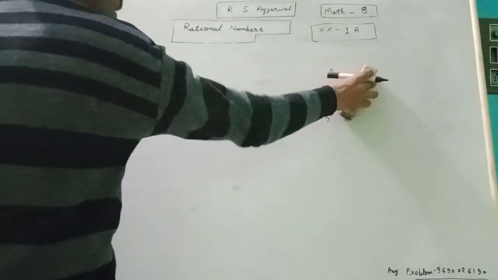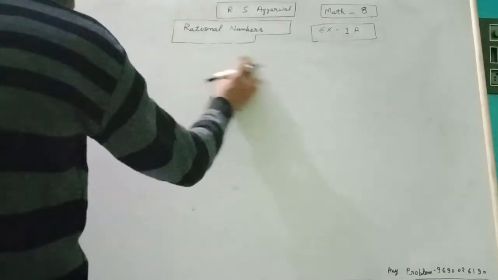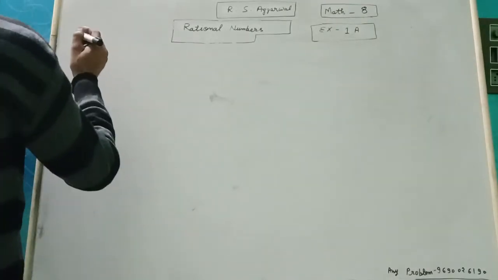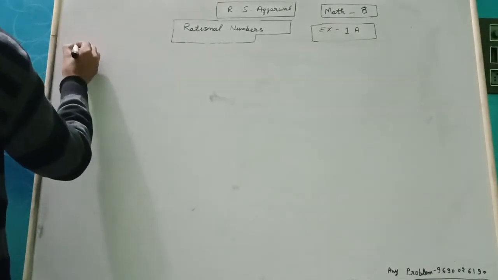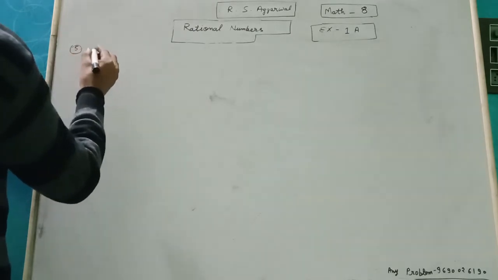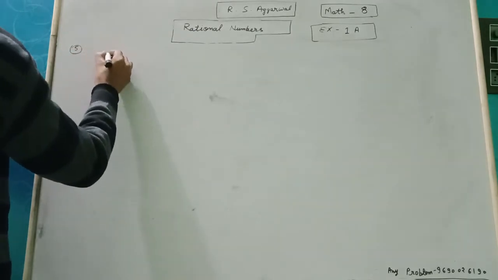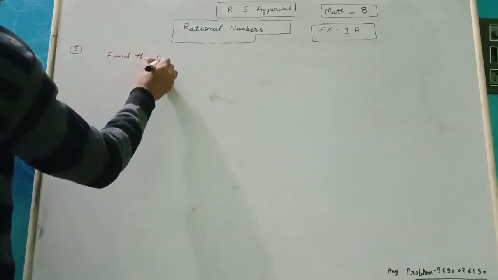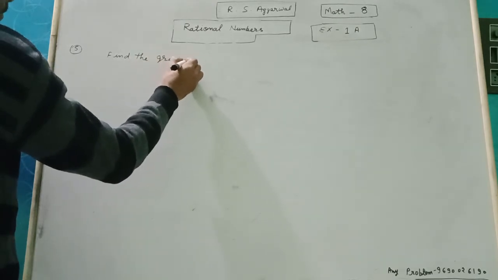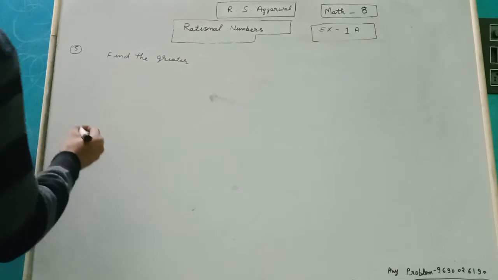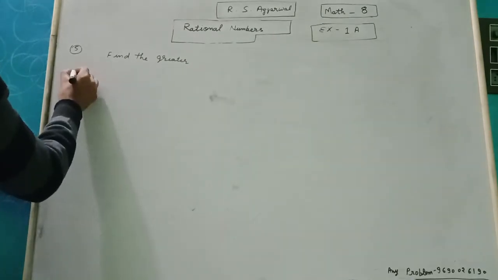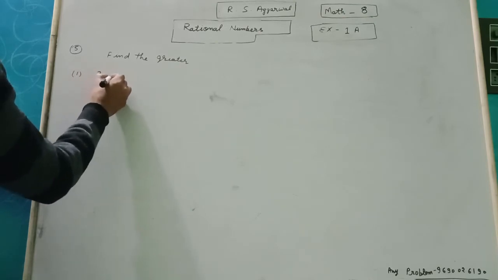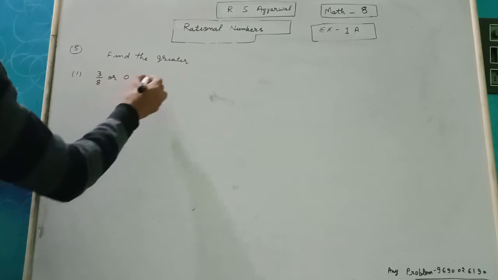Question number 5 is on rational numbers. Find the greater. First part is 3 upon 8 or 0.